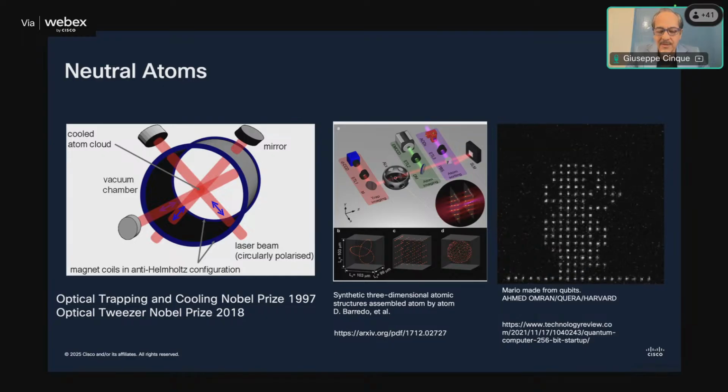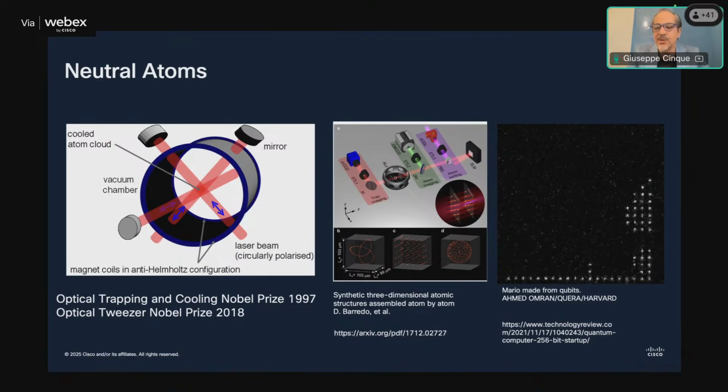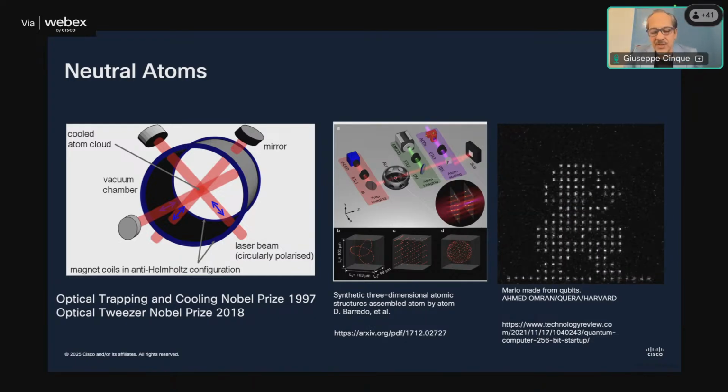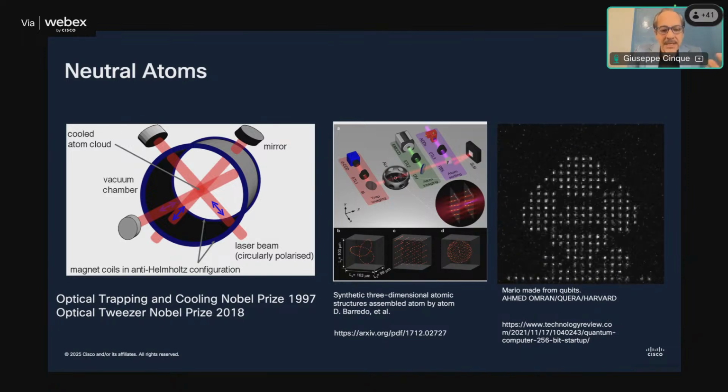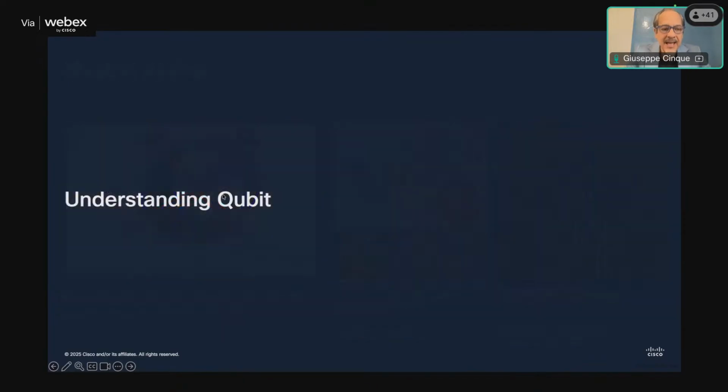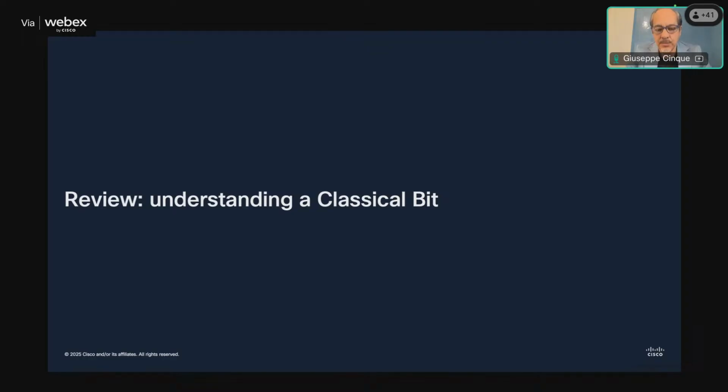And here we are controlling single-atom positions. It's really amazing the level of sophistication we have reached, with a lot of Nobel Prizes that have produced the science and the technology. So with this idea of the trapped neutral atom, I got an inspiration for a mental model for a qubit. How can we understand a qubit?